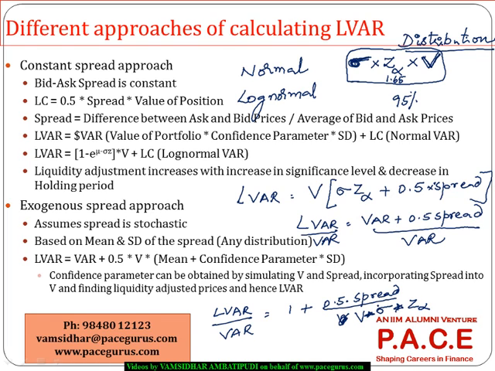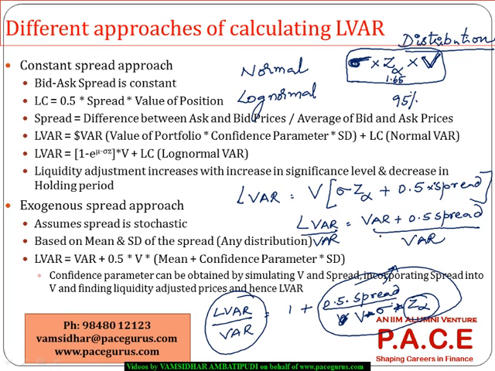Now here I can make out, if the spread is increasing, obviously my LVAR to VAR ratio is increasing. If the confidence interval is decreasing, then this value is going to increase, because if the confidence interval is decreasing, Z alpha will go down.